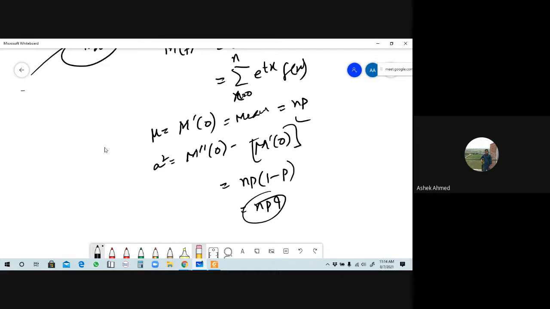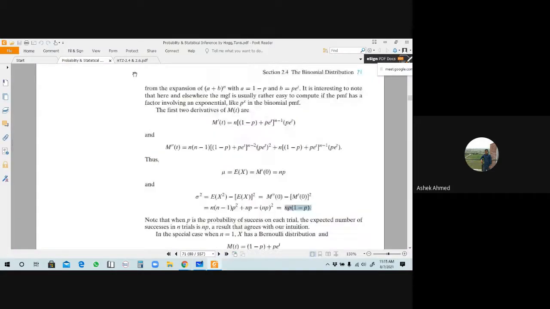binomial distribution. Okay, but if you compare the mean and variance of the binomial distribution with the binary trial, the result will be here.